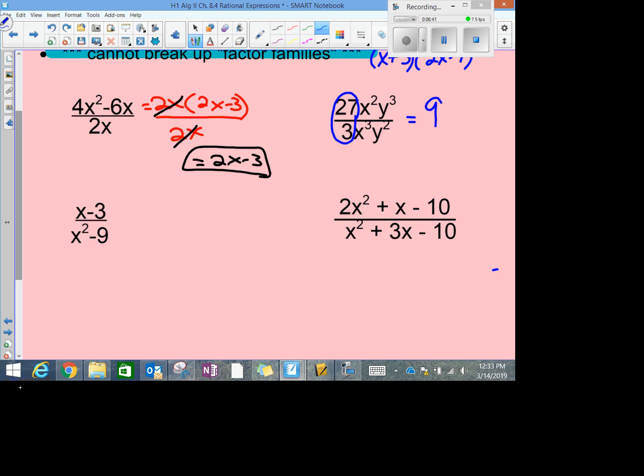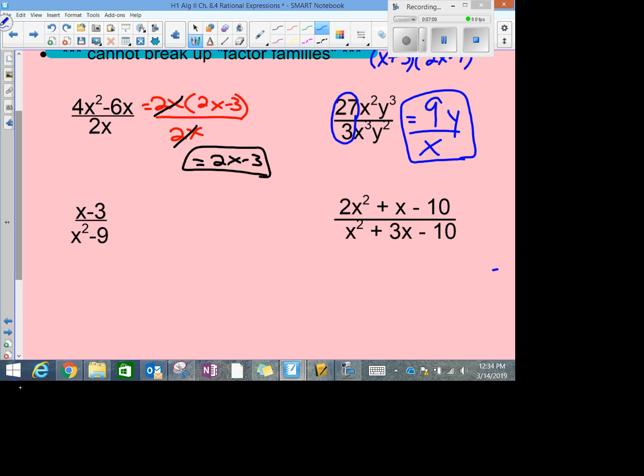X squared over x to the third reduces to what? X on the bottom, right? And then y to the third over y squared reduces to y on the top. So there were no factor families in this one. So we were able to just cancel separate or singles.